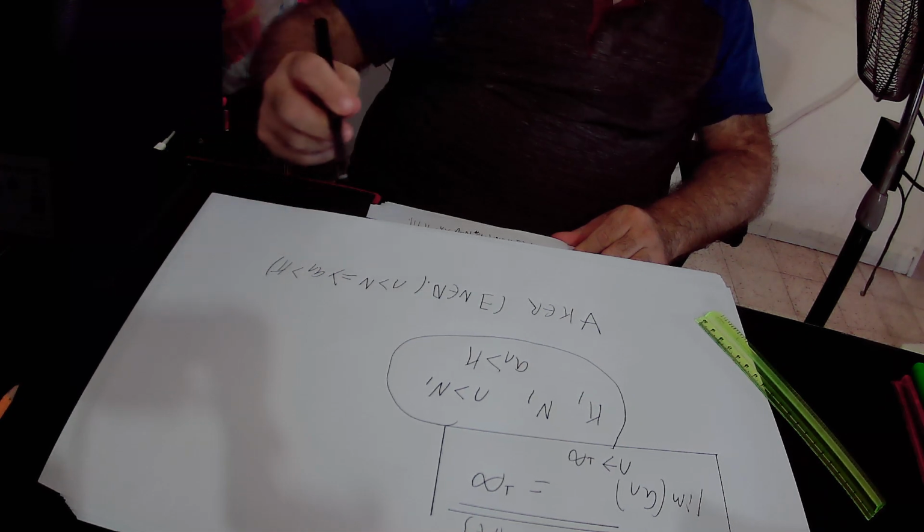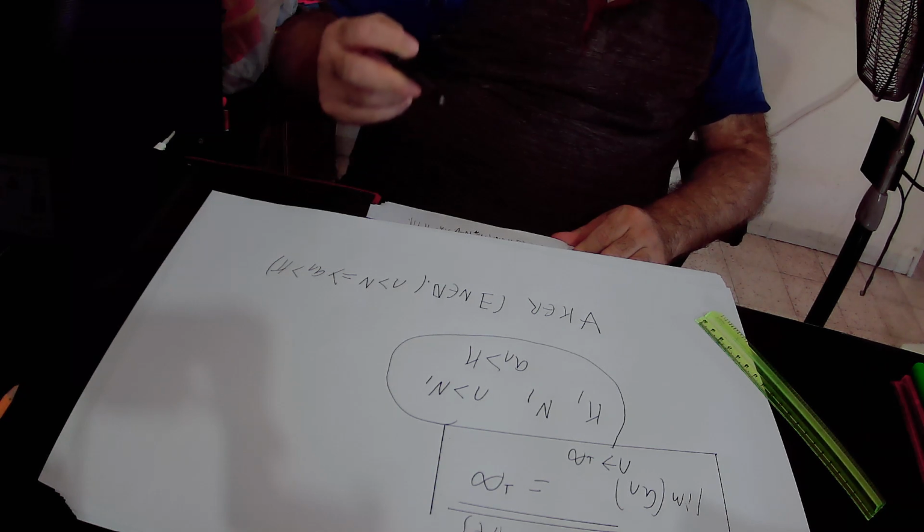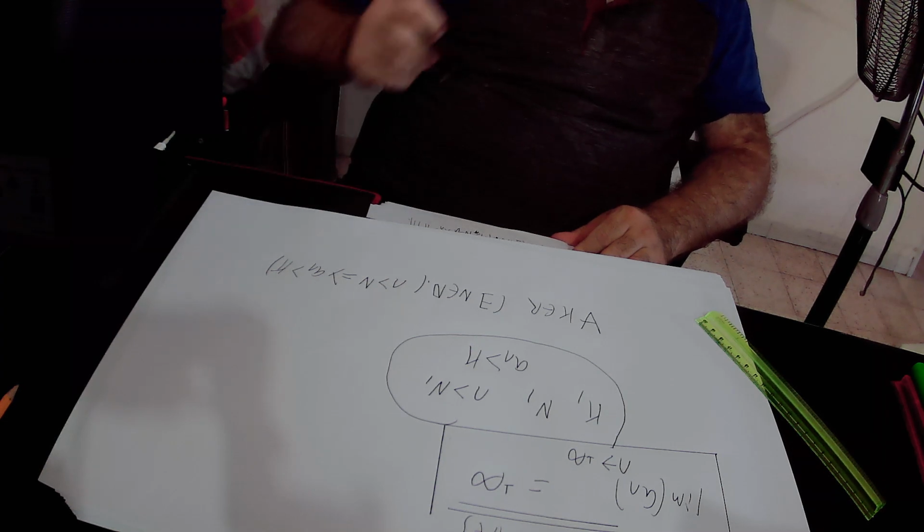That is to say, from the index n onwards, all the terms of the sequence an are greater than k.